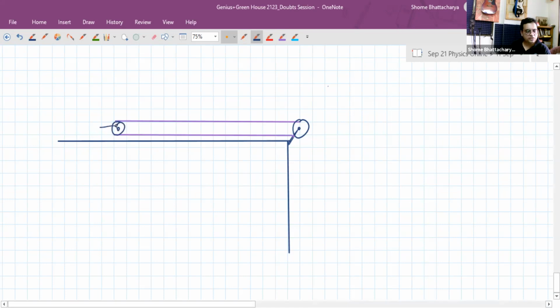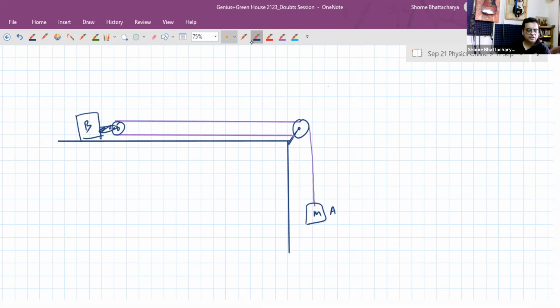That is the main thing you have to understand in the question. Then this is attached to another block B. This side, this thread is attached to a block A, let's say. I've labeled the figure a little differently. They have taken A and B as the pulleys.